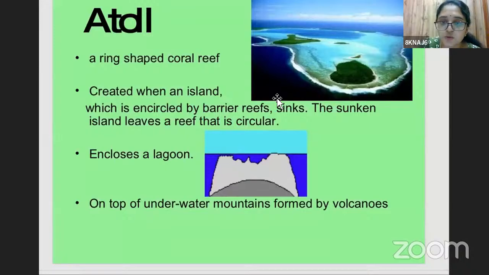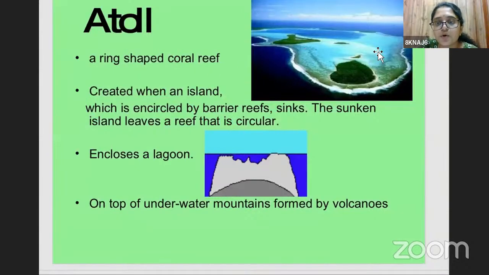When it comes to atolls, these are all small coral islands. It is also known as a lagoon island. You can see it is more or less circular in nature, an oval or horseshoe-shaped reef. Now this encloses the lagoon, which can be up to around 80 to 90 kilometers across, and there is no land as such.